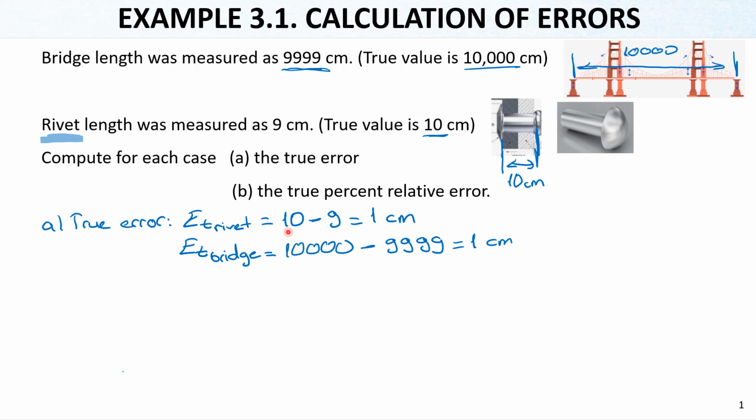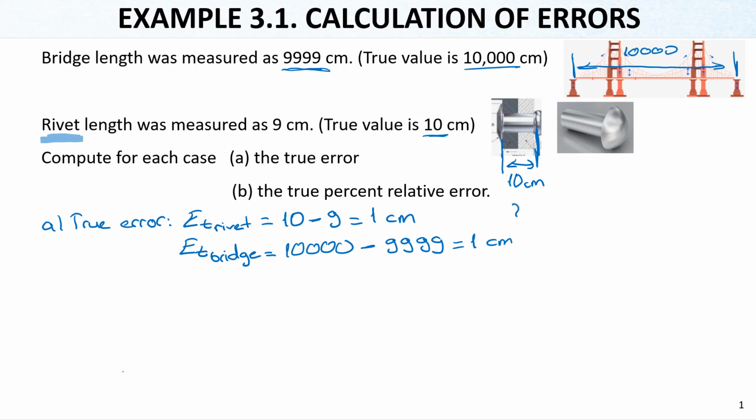But over here, between 10 and 9, this is a very large difference. Even though 1 centimeter is the same, the difference is relatively large. And because the magnitudes are different, using true error as the error metric may lead us to the wrong interpretation.